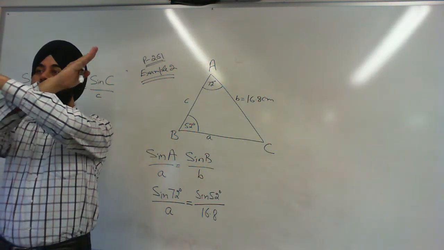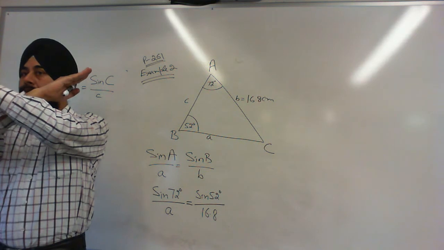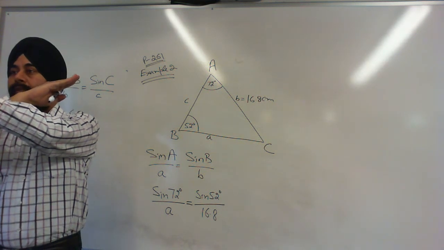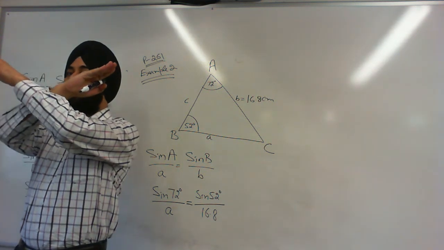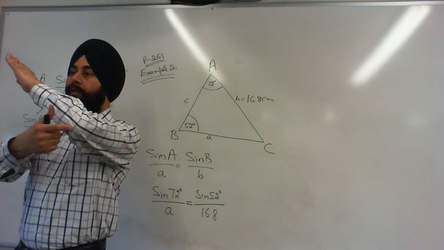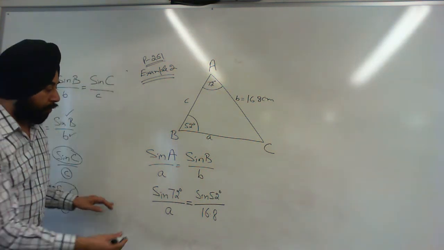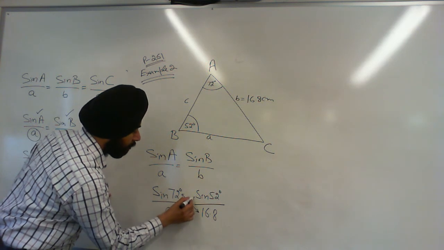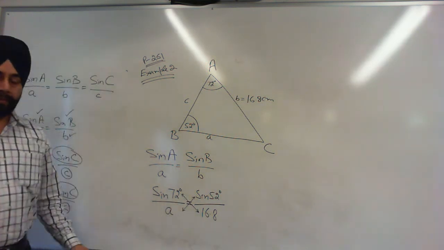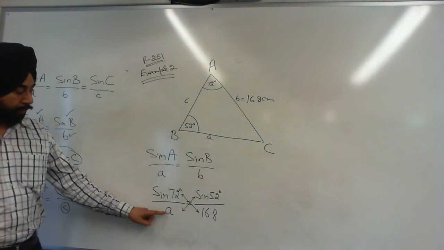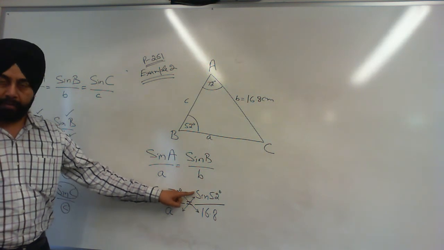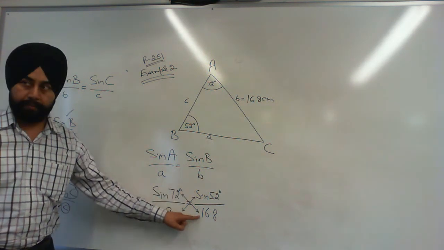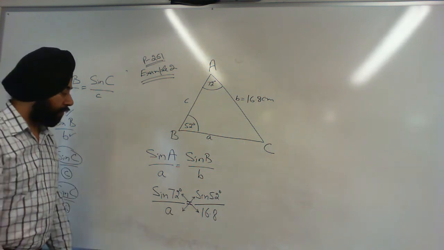You multiply the number at the top on this side with the number at the bottom on the other side, and the number at the top on that side with the number at the bottom on this side. If you make a cross here like this, A is multiplied with that number and this is multiplied with this number, and then you rewrite everything.